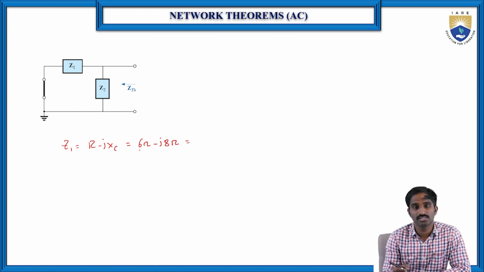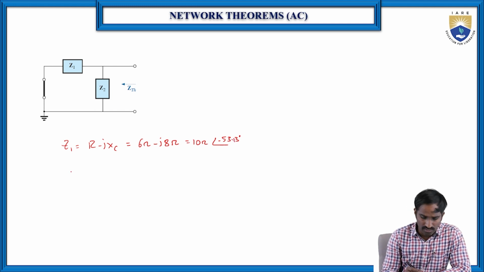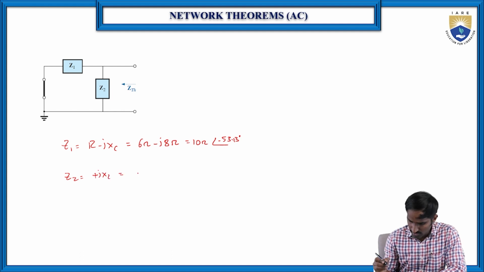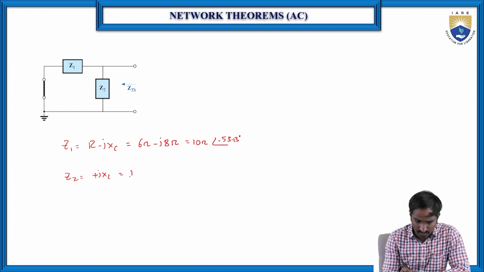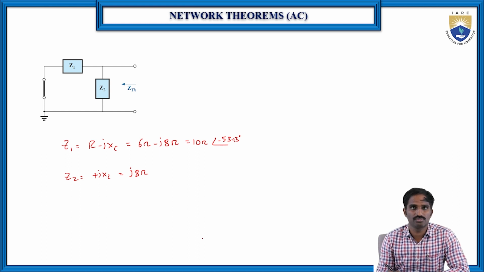If you convert this rectangular form into polar form, then you will get 10 ohms at an angle of minus 53.13 degrees. Then similarly Z2 is equal to plus JXL, which is equal to J8 ohms. So this is J8 ohms, right?